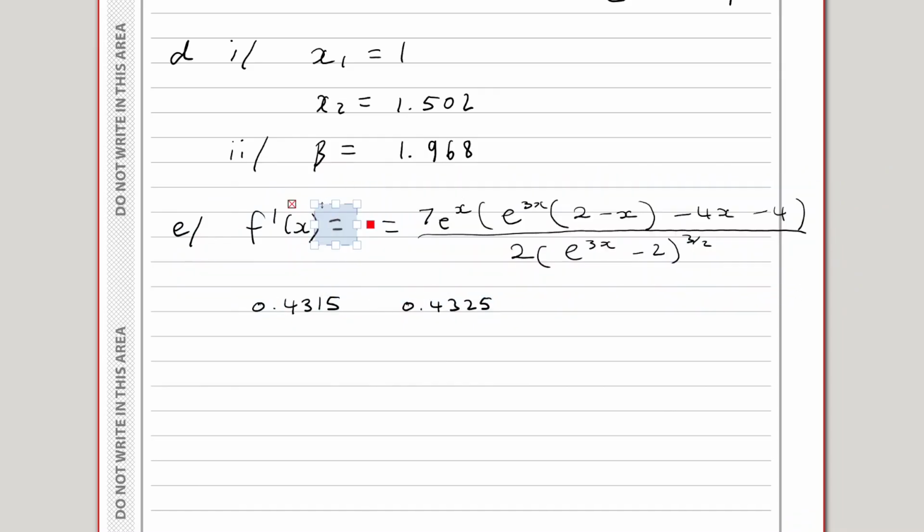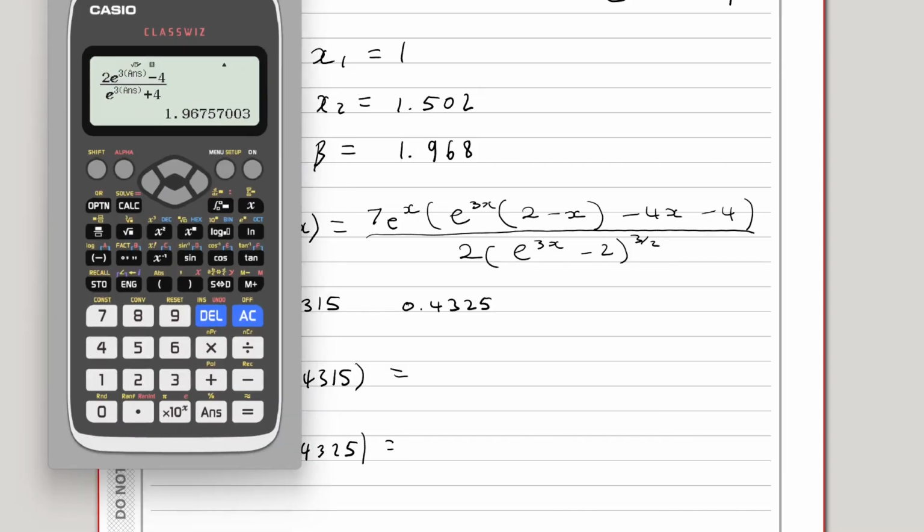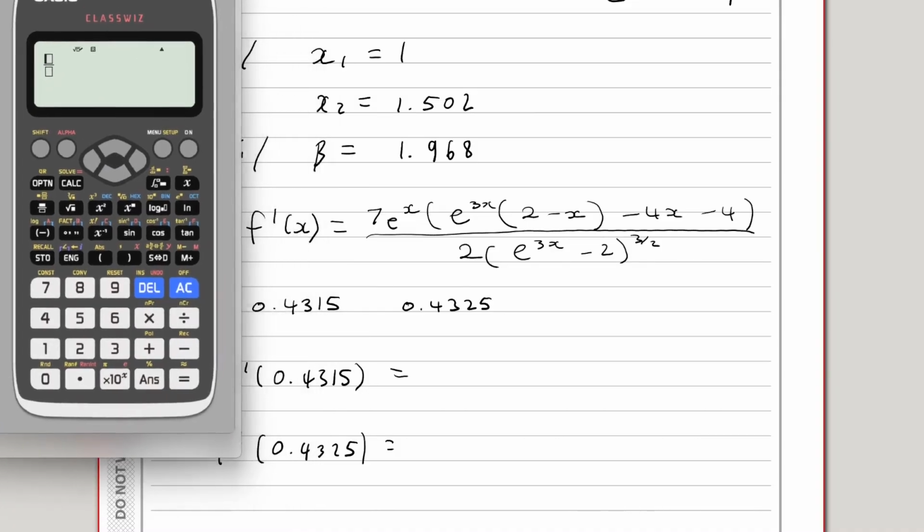So we're going to substitute both into that gradient function. So we're going to have f dash of 0.4315, f dash of 0.4325, and hopefully we'll get one positive and one negative. So it's just a case of substituting them in.